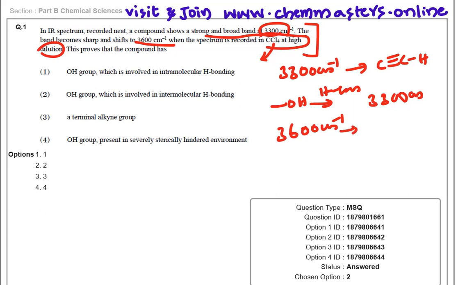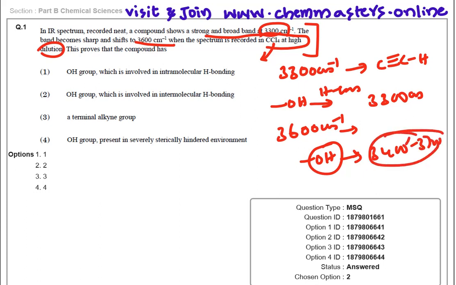In general, the OH functional group has a frequency range of 3400 to 3700 whenever the hydroxy functional group is free in that particular compound without hydrogen bonding. It simply confirms that the terminal alkyne group is absent in that compound, because a terminal alkyne group doesn't change with the change in dilution of that particular compound solution.